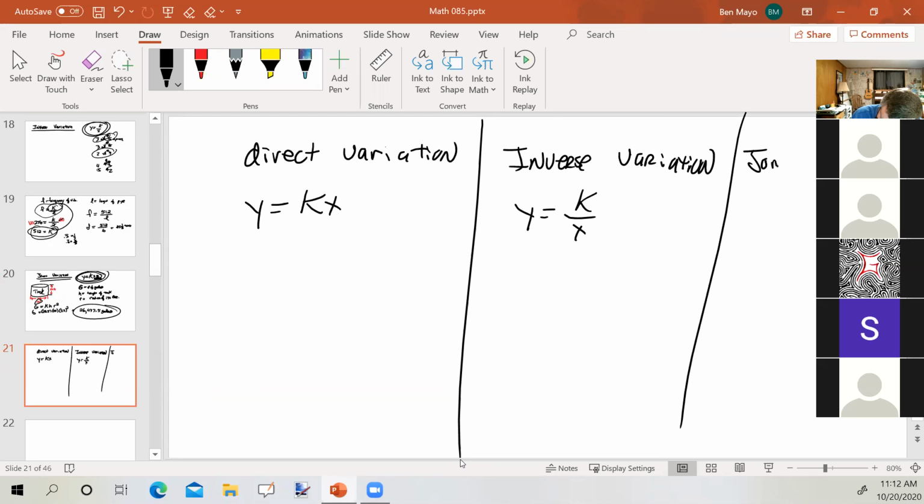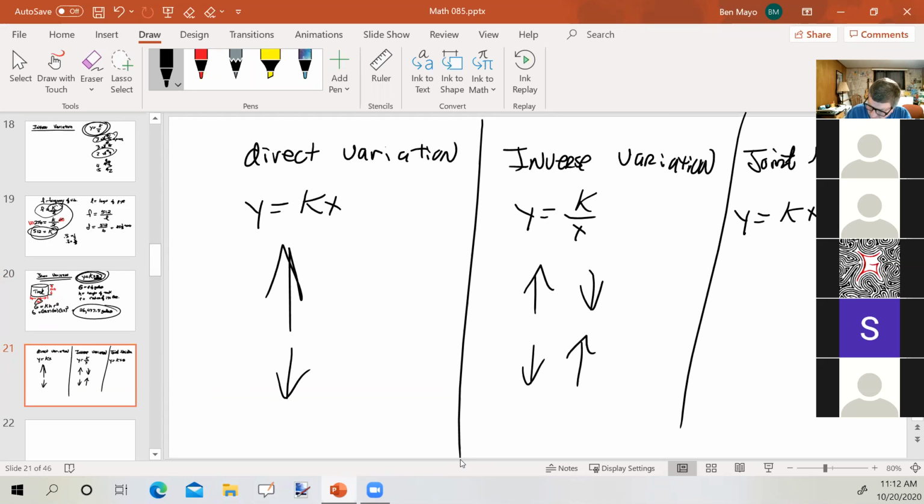And we've got joint variation, y equals kxz. So direct, they either go up together or they go down together. Inverse, one goes down when the other goes up, one goes up when the other goes down. Joint variation, you've got more than one variable on the right side.